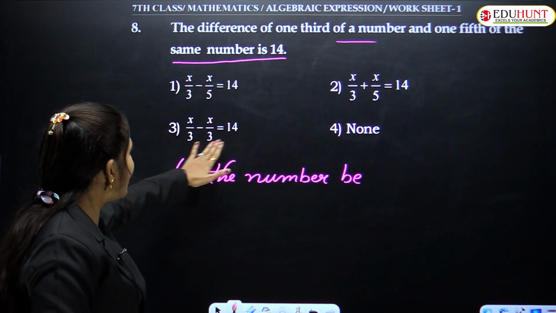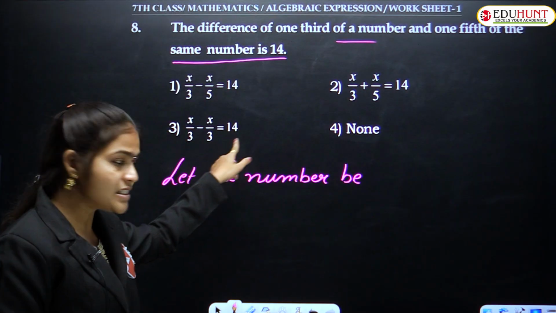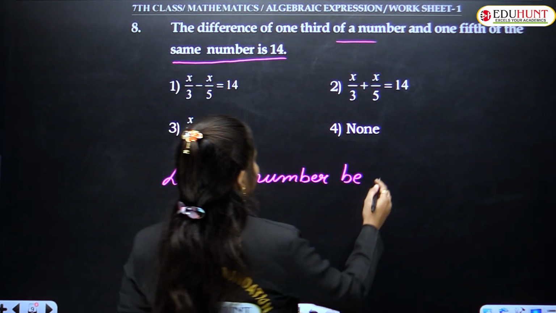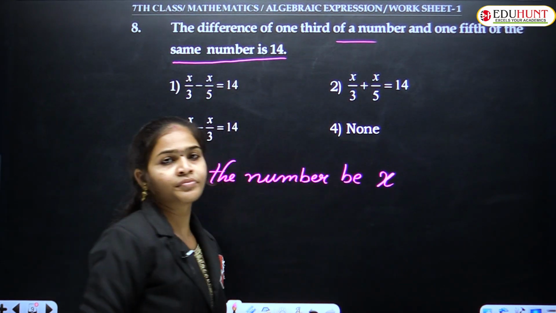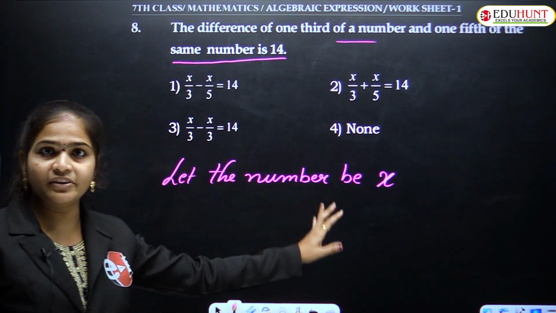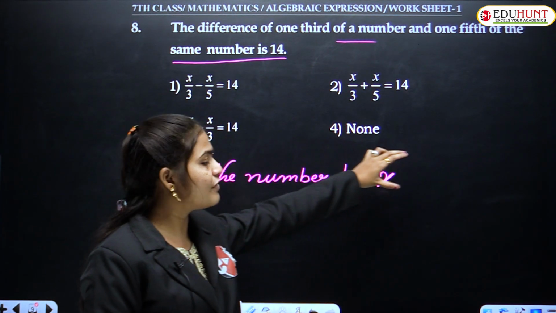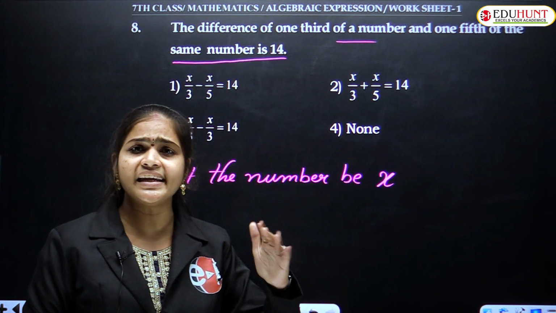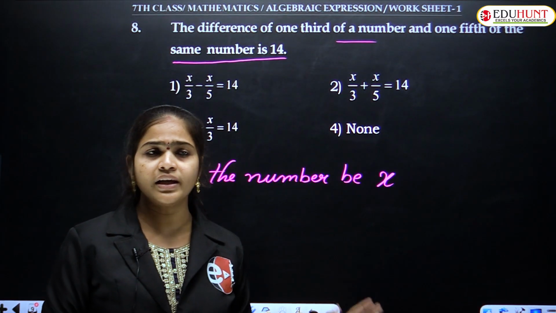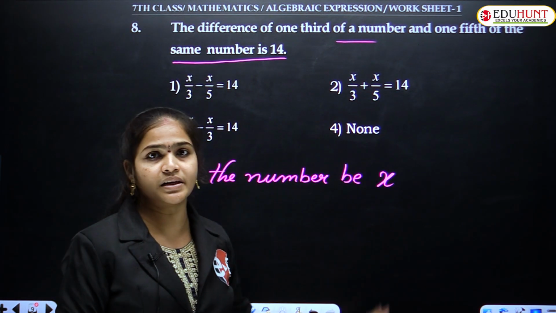As per the options, which variable can we take here? Yes, by seeing the options the variable is x. That's why take x. There is no rule for that; at the place of x we can take any variable, any literal. But as per the options we are taking the x variable.